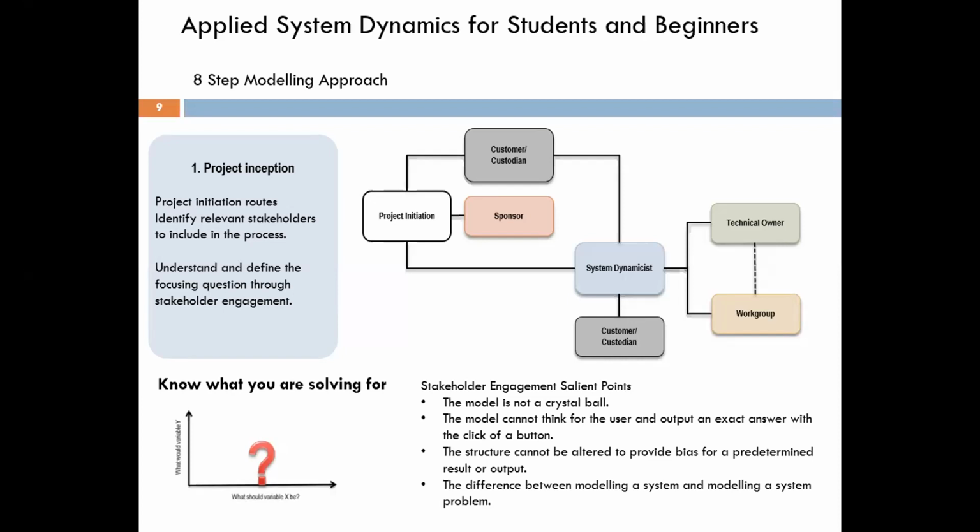The other important thing that you need to be aware of in this step is that the model is not a crystal ball, which means that it should never be used for predictions. Now, the model has a multitude of mathematical computations, but it cannot think for the user. It does not have engineering judgment.